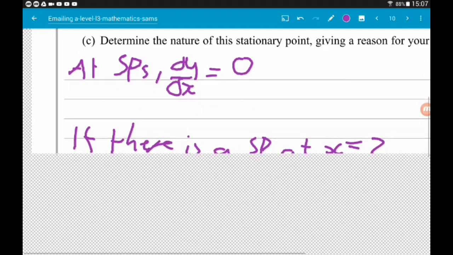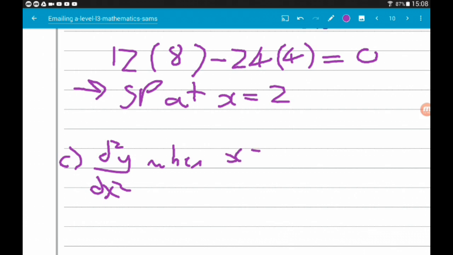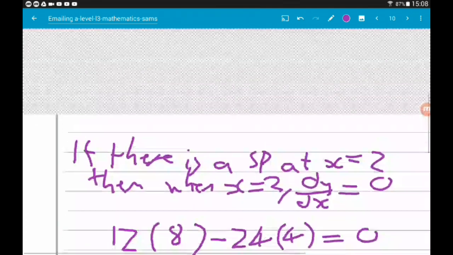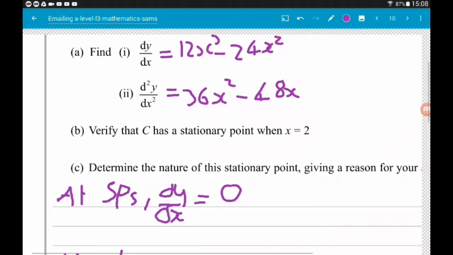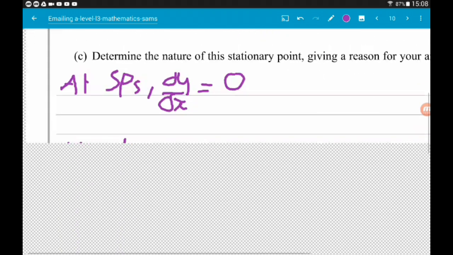So we need to find the value of the second derivative, d squared y over dx squared, when x equals 2. That's going to equal 36 times 4, which is 144, minus 48 times 2.